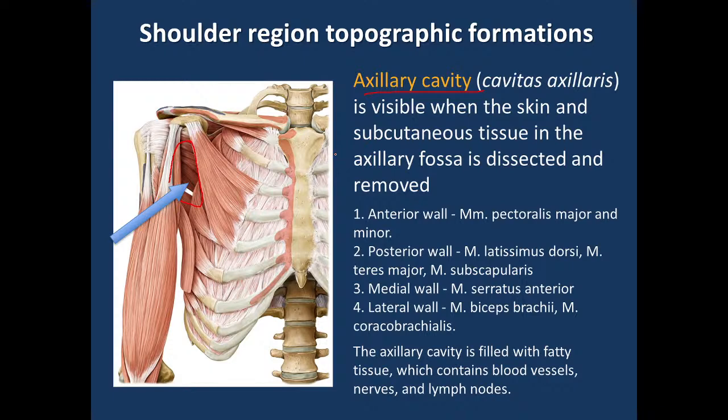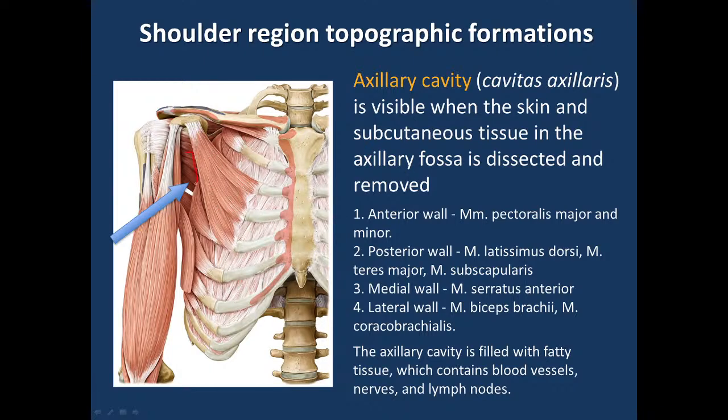In comparison with the fossa, that is a real cavity between muscles of the shoulder girdle. And usually this cavity has four walls: anterior. Let me show it. This is the anterior wall.